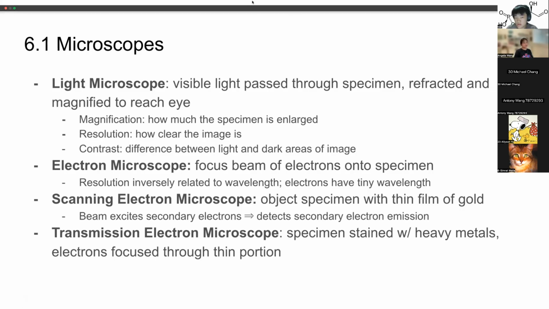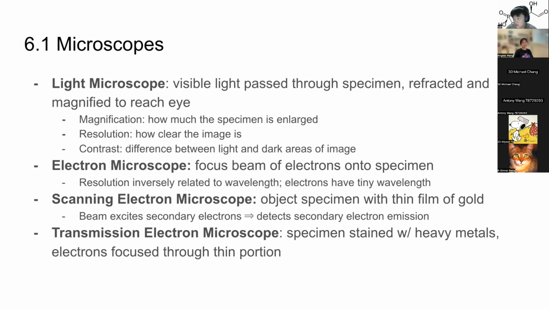A similar thing is the scanning electron microscope, where you cover the specimen with a thin film of gold. The electron beam excites secondary electrons on the gold, and then the secondary electrons get detected. So you get a really nice 3D image.